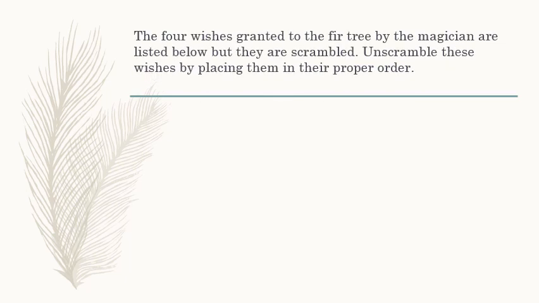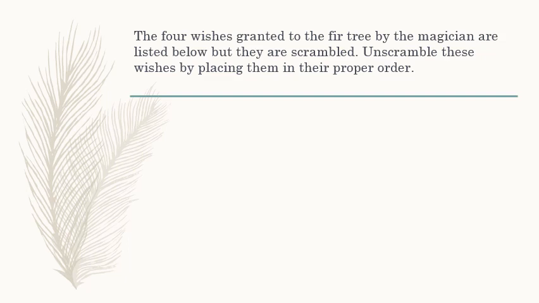Now, how many of you have remembered the 4 wishes of the little fir tree? I would like to know the 4 wishes of the tree in their proper sequence. And for that, you have a question here. The 4 wishes granted to the fir tree by the magician are listed below, but they are scrambled, means they are disordered.